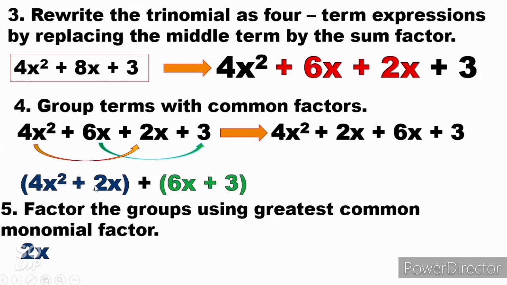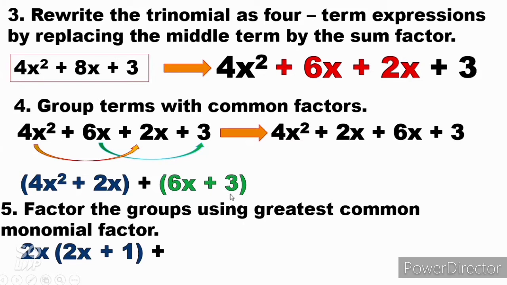Ang common dito is 2x. So, kung ang common ay 2x, i-divide natin siya. 4x squared divided by 2x, the answer is 2x. And the next, 2x divided by 2x, the answer is 1. So, yan yung factor ng first binomial natin or first group.